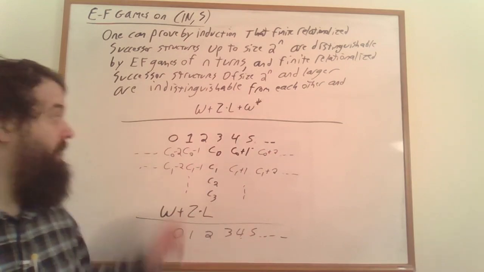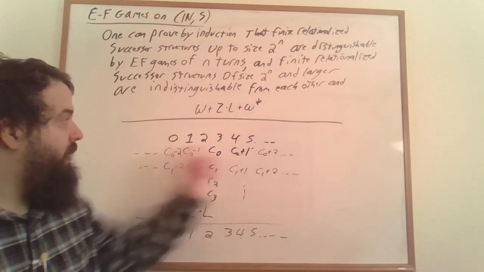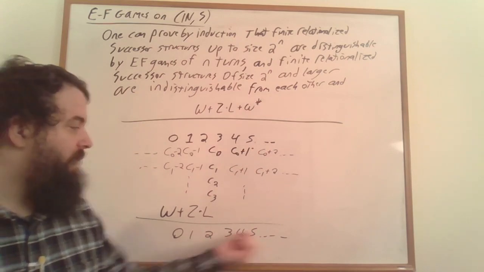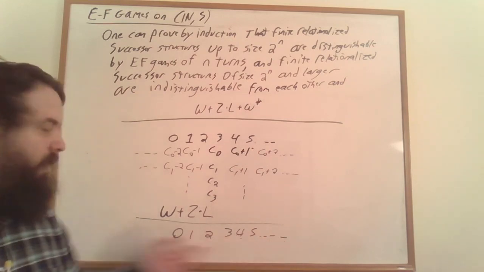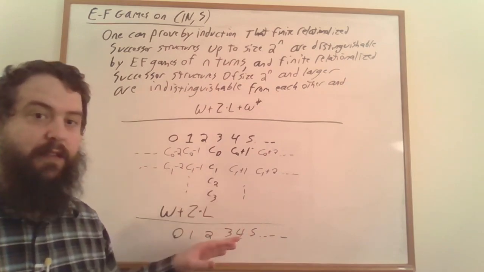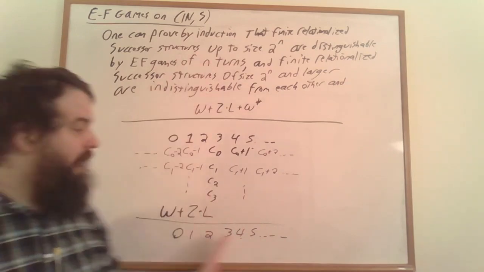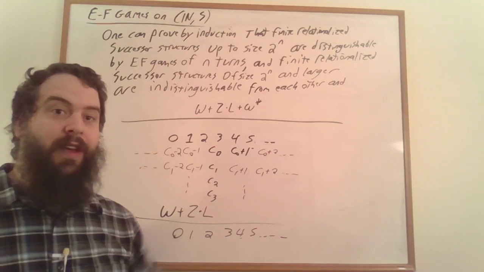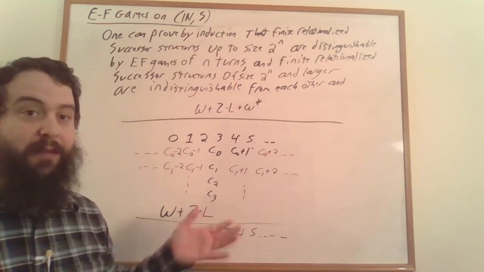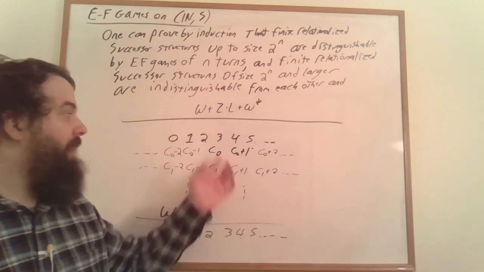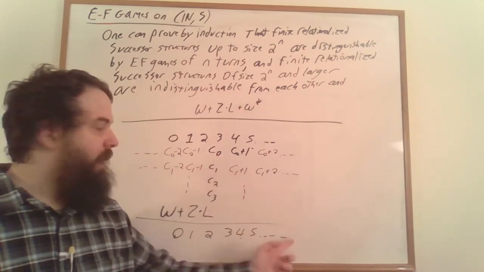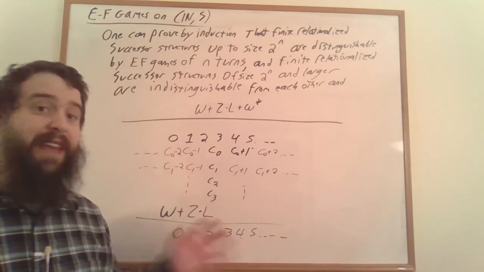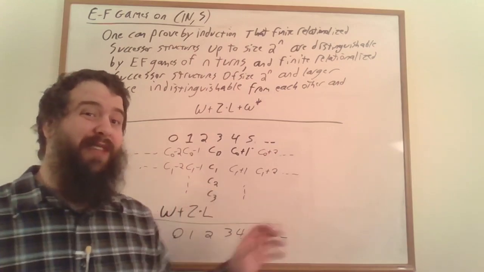The tricky thing is if spoiler plays in one of these integer parts, that duplicator has to match it to an element that's sufficiently large within the omega that they're playing against, and they can use this fact here in order to guide their choice of point to pick, so that everything is sufficiently far apart that for the purposes of the game of length n, it looks like the point that they match, this point 2, let's say, is infinitely far away from any other points that have already been previously matched.